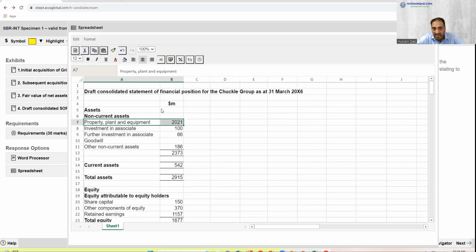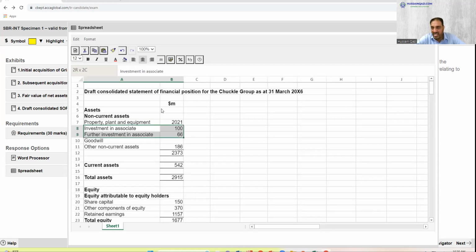So with this property, plant, equipment, considering the requirement, we need to incorporate the fair value adjustment. Then investment in associate, 100. Further investment in associate, 66.